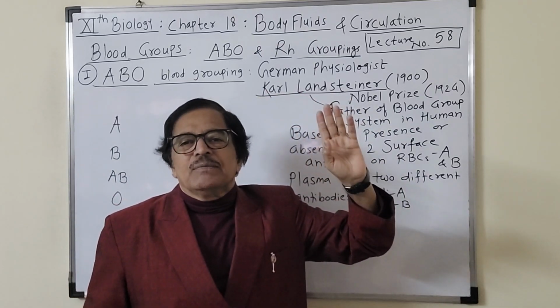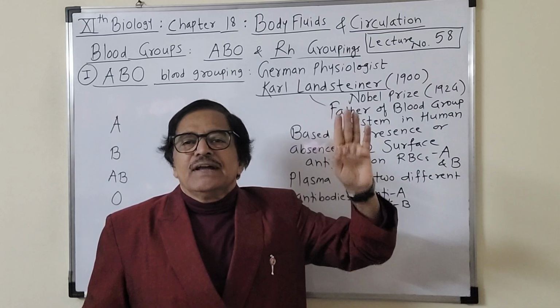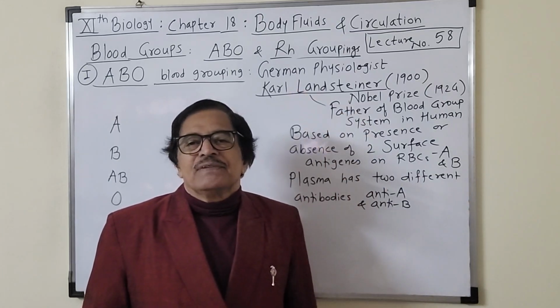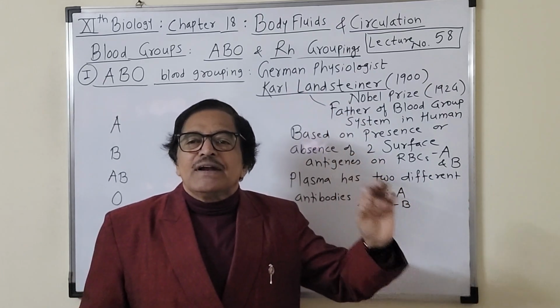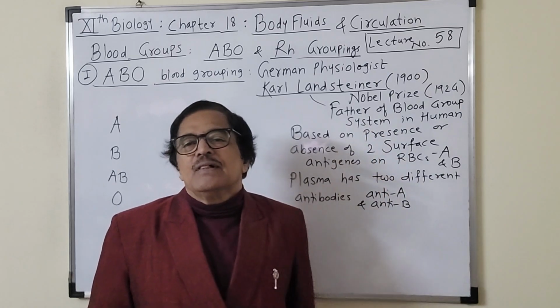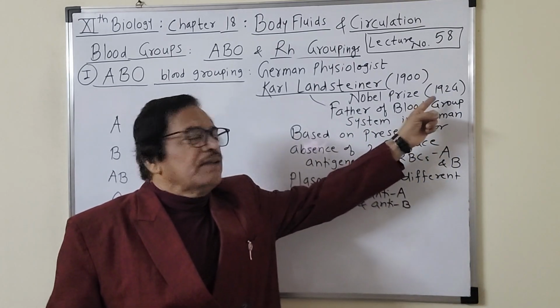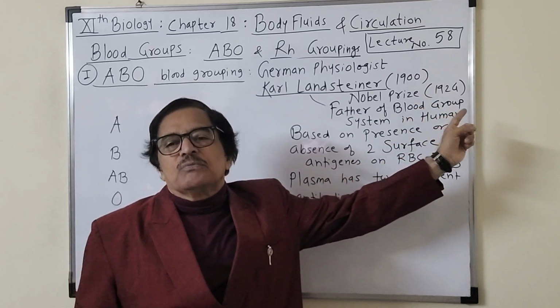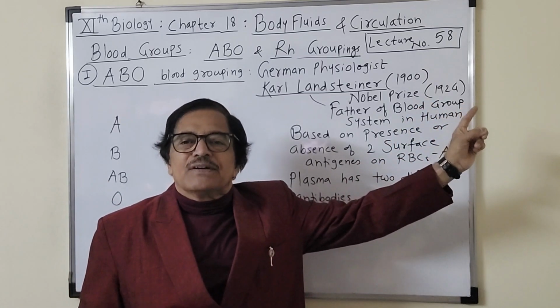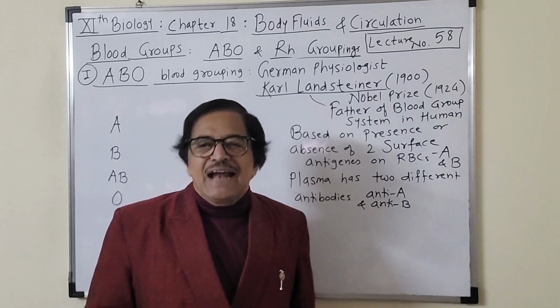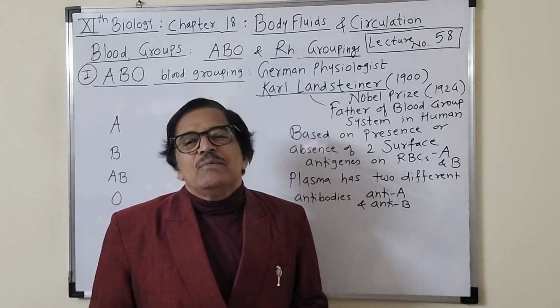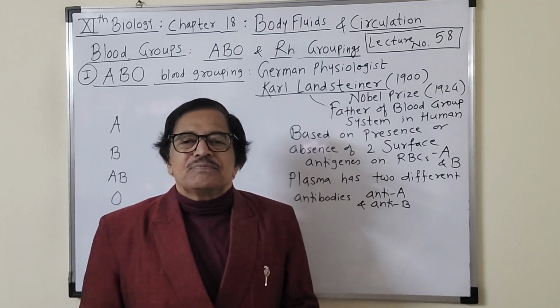You might have heard the name earlier, Landsteiner, in 1900. And he was awarded a Nobel Prize for this very important work in 1924. So Nobel Prize winner Landsteiner had given this ABO blood group system.